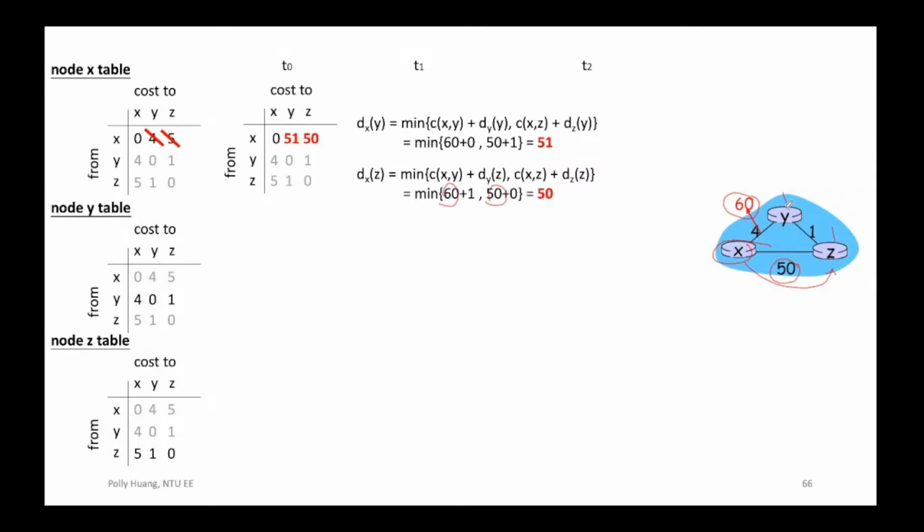And then from y, what is the shortest distance to z? Shortest distance from y to z, that would be 1. And then for the second neighbor, z's perspective to go from z to z, the shortest distance from z to z is 0 here. 61 compared to 50, so we pick 50 as the shortest distance from x to z.